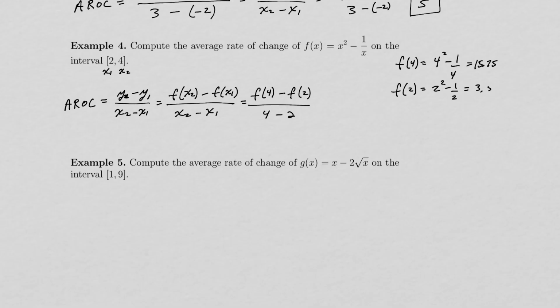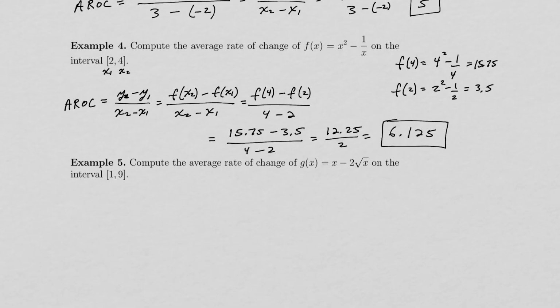Then I can solve this. This is going to be 15.75 minus 3.5 over 4 minus 2, which is 2. So this turns out to be 12.25, divided by 2, which is 6.125. So that's the average rate of change of that function over that interval from 2 to 4.